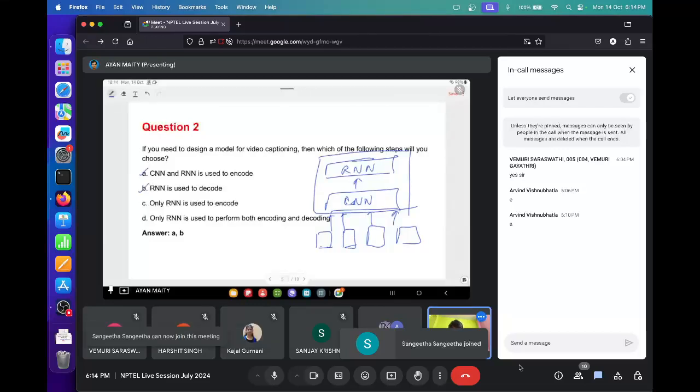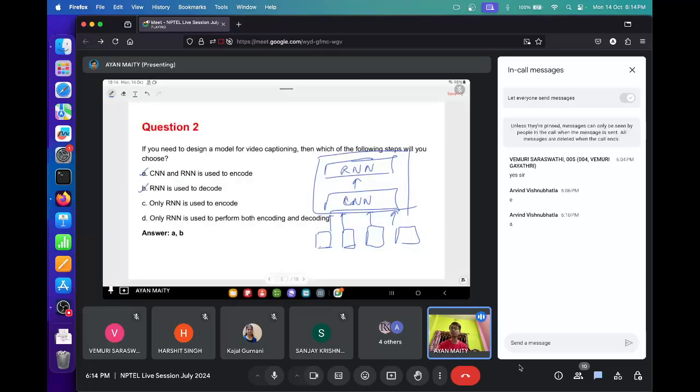And for the decoder part, for video captioning, the output is a sentence or a text. So the output is sequence data. So for that we only need to use RNN.